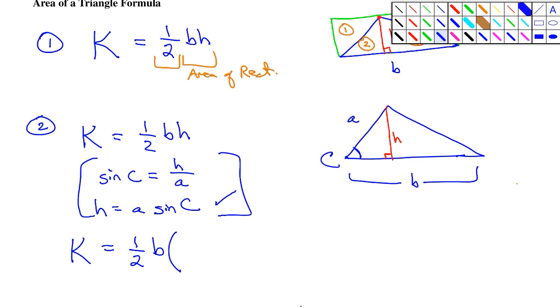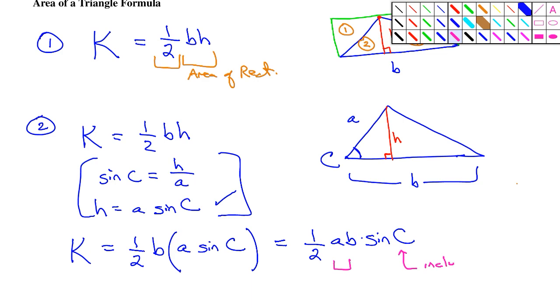And H is now A times the sine of C, and that gives us the formula most commonly written like this: 1/2 AB times the sine of C. The way that you can remember this, because the letters may change, is that you have the product of two sides of a triangle, and then C is the included angle. It's the angle in between those two sides. And so when you have two sides and the angle included, then you can find the area of that triangle.